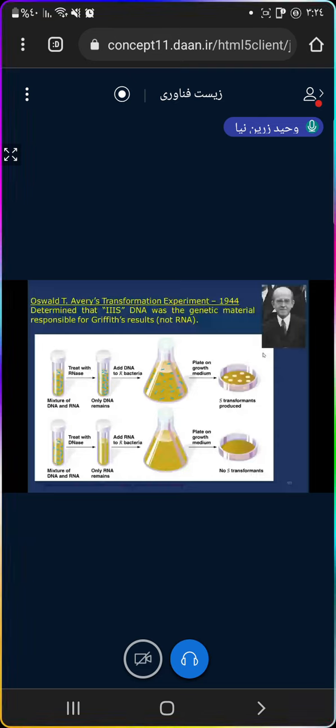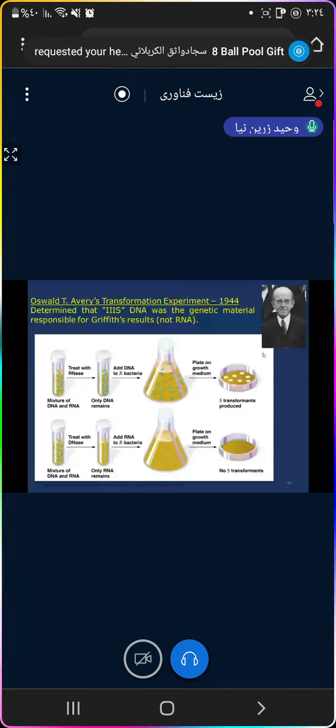Then he cultured the bacterial suspension on Petri plates. After this cultivation, only S bacterial shapes were seen on this plate.